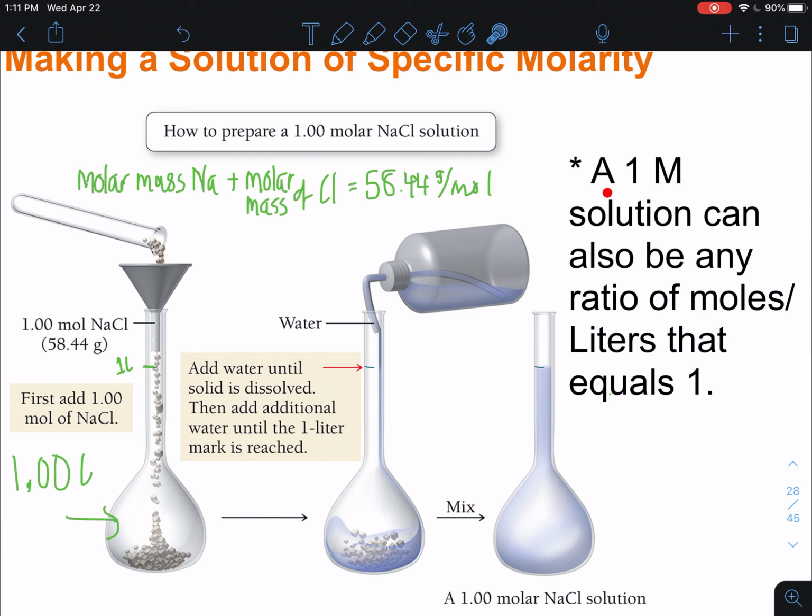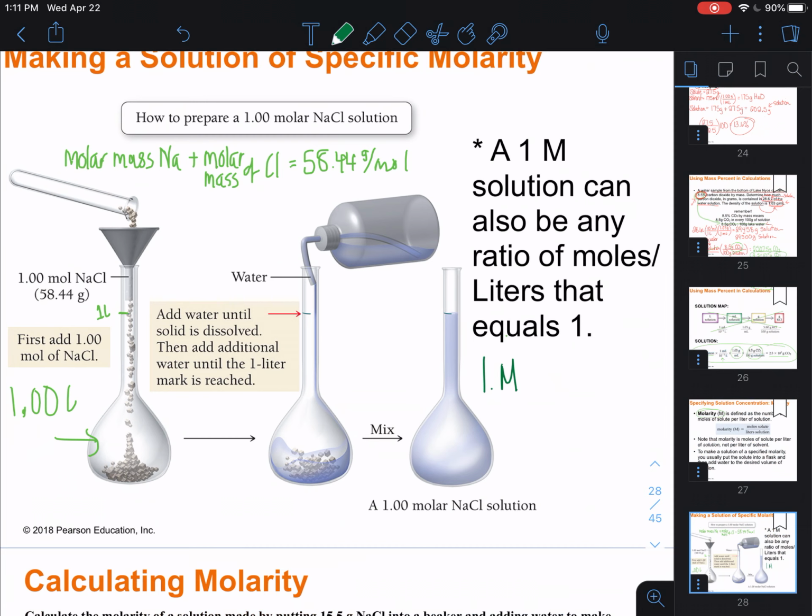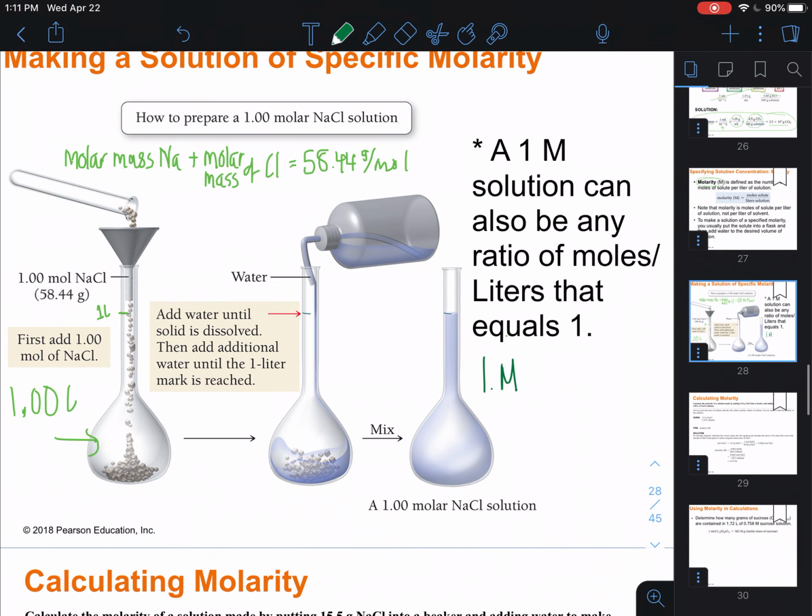Remember, molarity is a ratio, it's moles per liter.